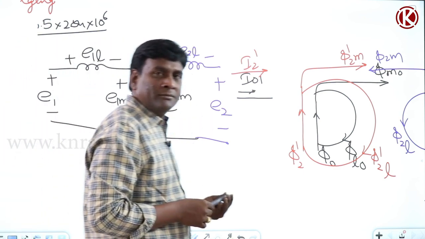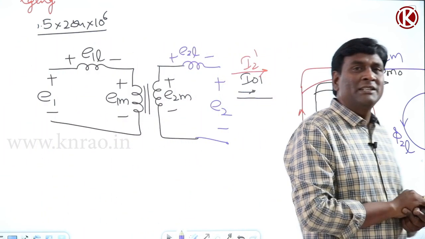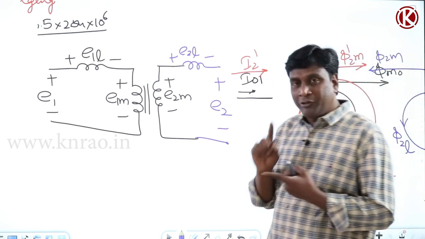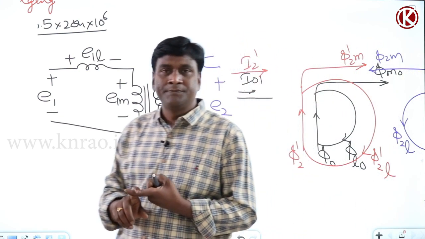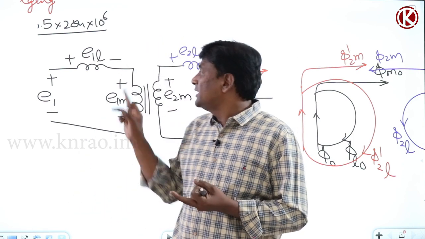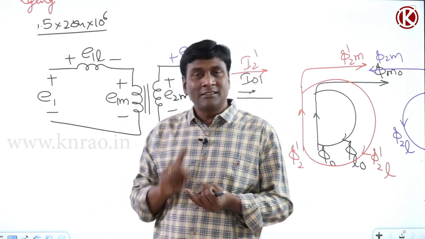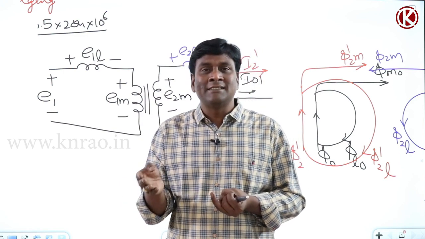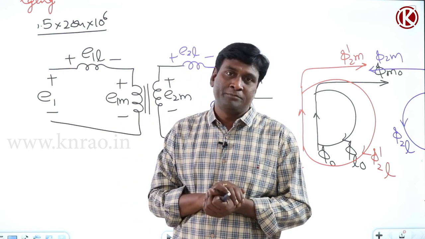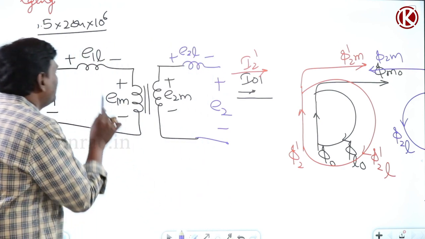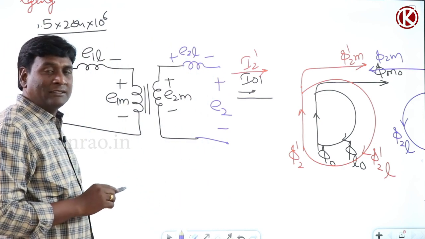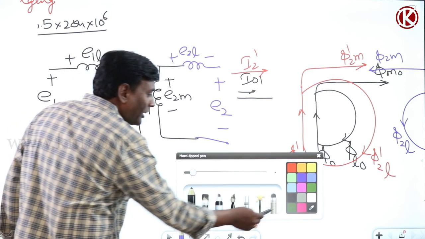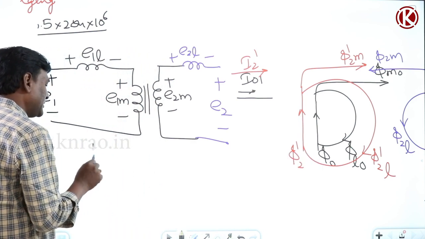Now, in our first machine analysis, I told you that in the first case is ideal transformer analysis, and in the second case, modeling of practicalities. In the third case, finding parameter values of the equivalent circuit. Fourth case, analyzing the practical machine. In ideal machine analysis, we got an equation. What was that equation?